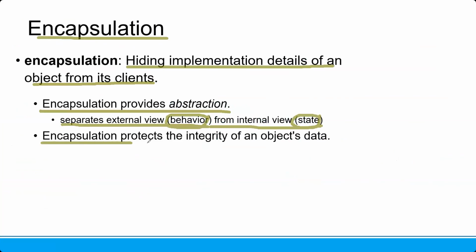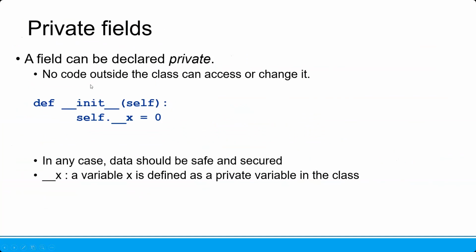Encapsulation protects the integrity of an object's data. What does it mean? Let me give you an easy example. When you have the object P1, and if I want to know the value of x, you can directly get the value of x.